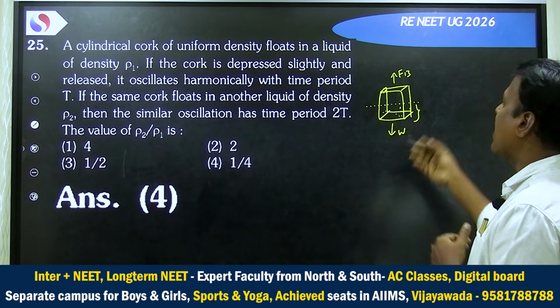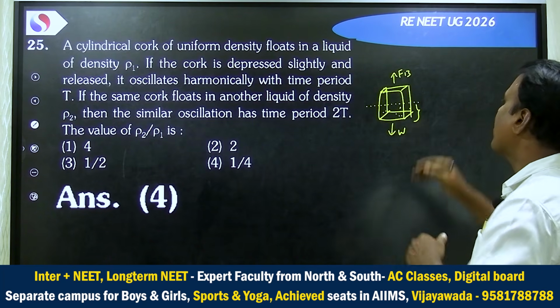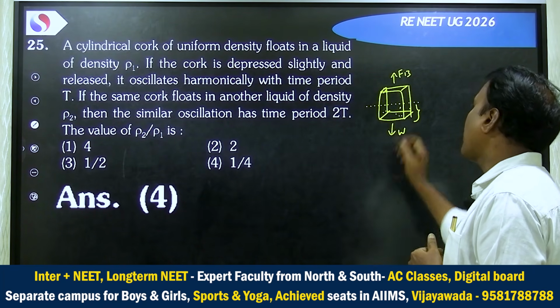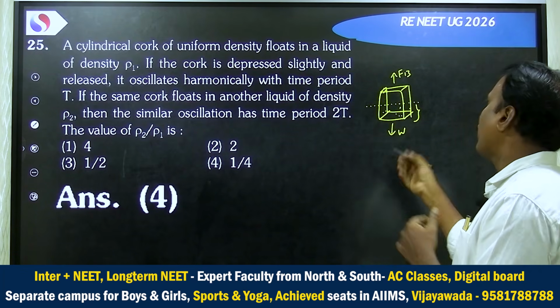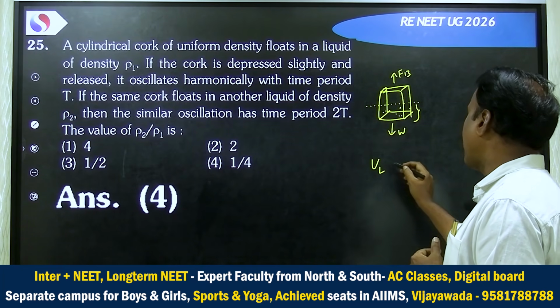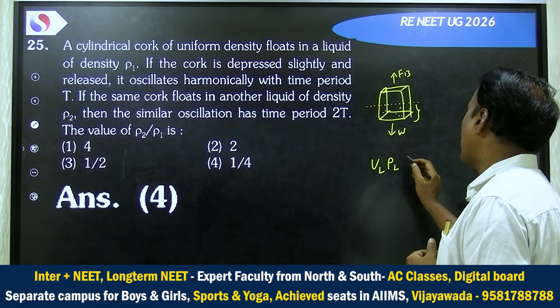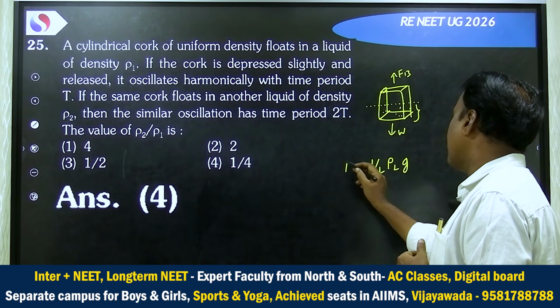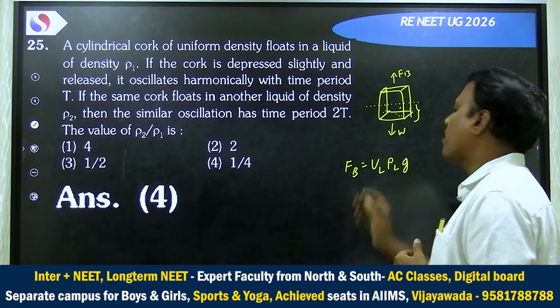So just assume it was pressed a further distance y, so that there is an additional buoyant force. The buoyant force is nothing but volume of liquid displaced into density of the liquid into g. This will be the expression for buoyant force.